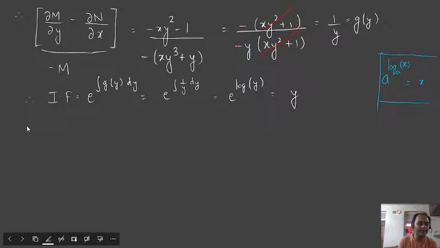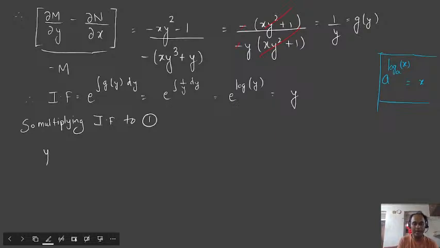Now we multiply this IF to the given differential equation. So multiplying IF to 1, what do we get when we multiply?